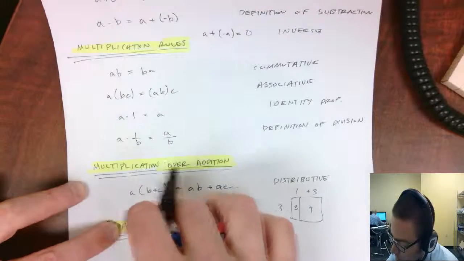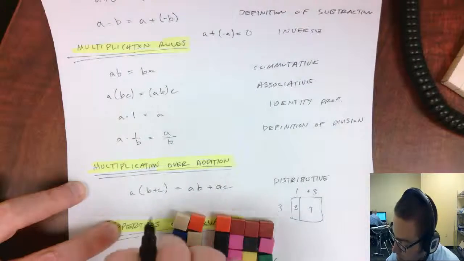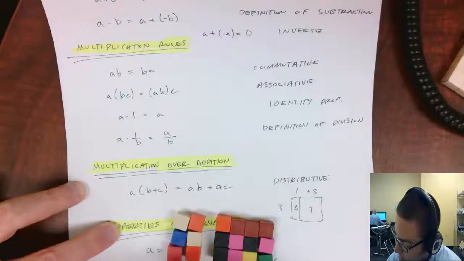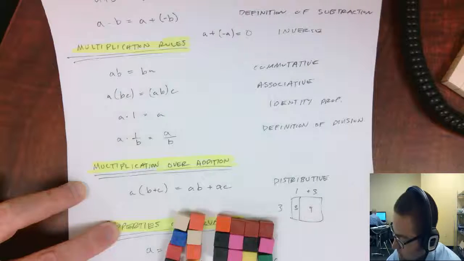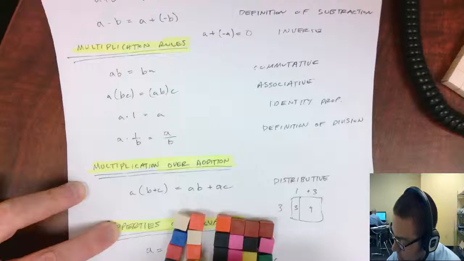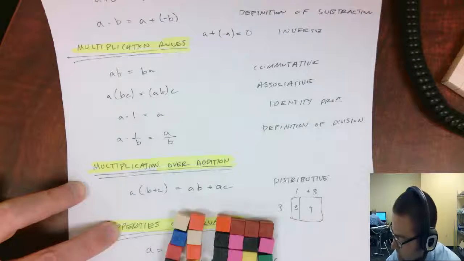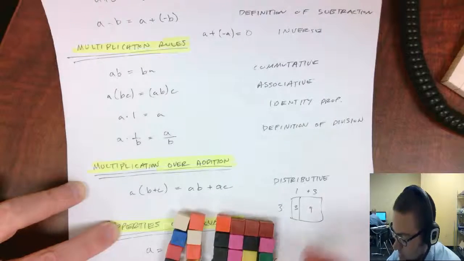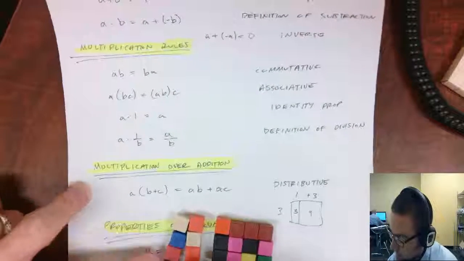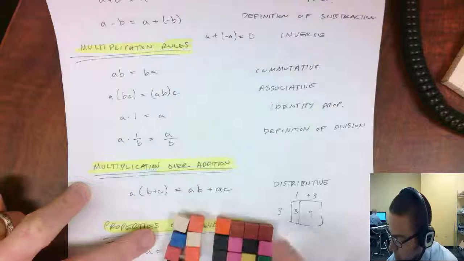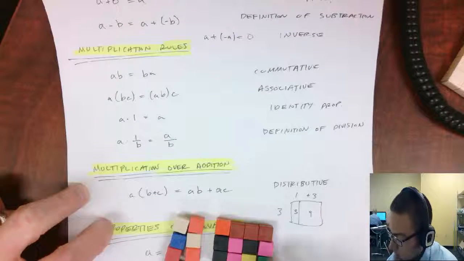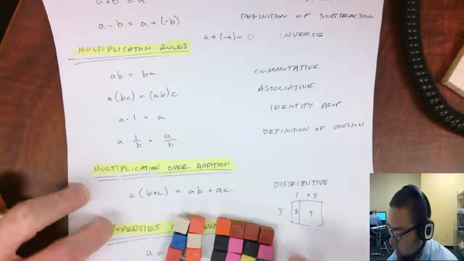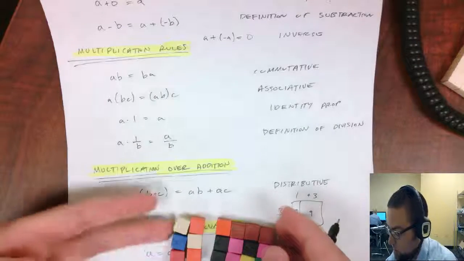So if I did 4 times 2 plus 4, you would see that I could add them together first, or I could multiply each part and then add them together. It doesn't matter. That's why the distributive property works. It is the same quantity no matter what you do.